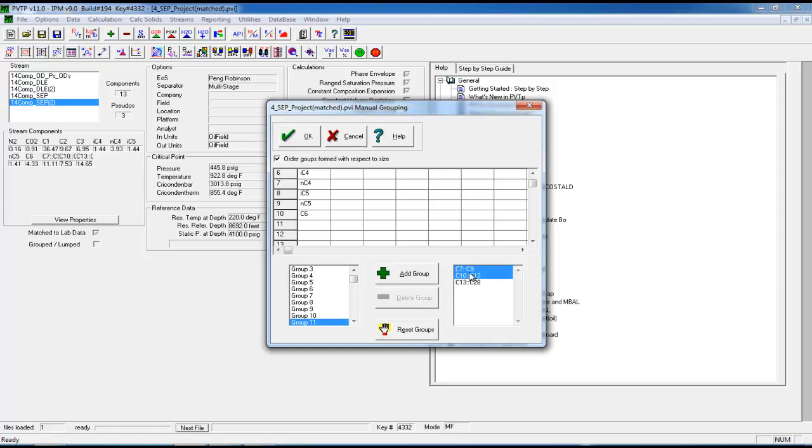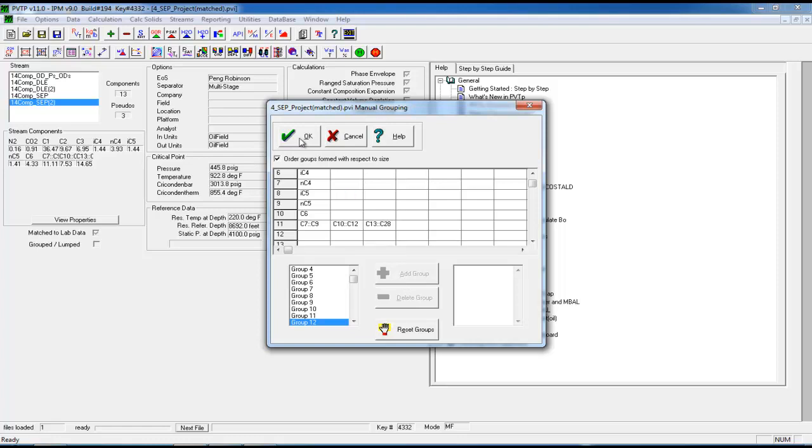So now I added these two components in one group. So now instead of having 13 components, I have only 11.